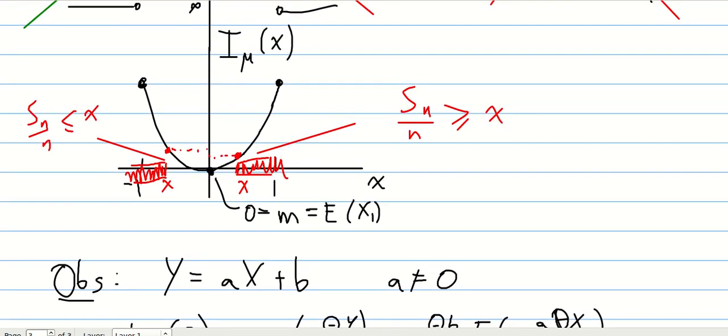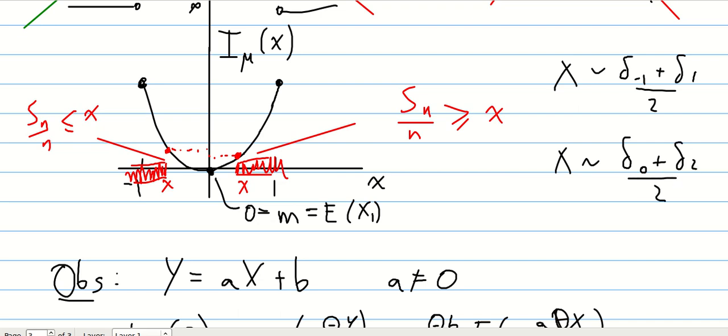So for example, here, if instead of having a random variable like delta of minus 1 plus delta of 1 over 2, we had a random variable that was delta of 0 plus delta of 2 over 2. Let's call this y. Y is x plus 1 that has distribution written like this.